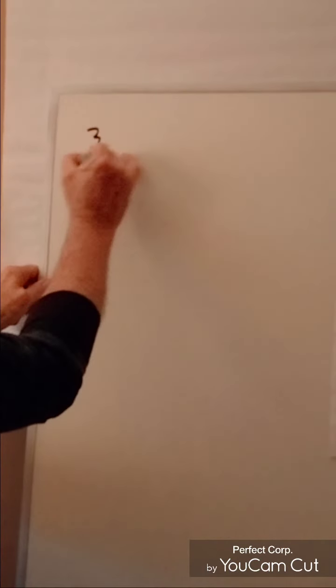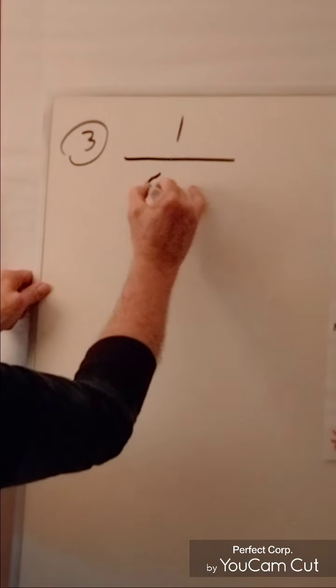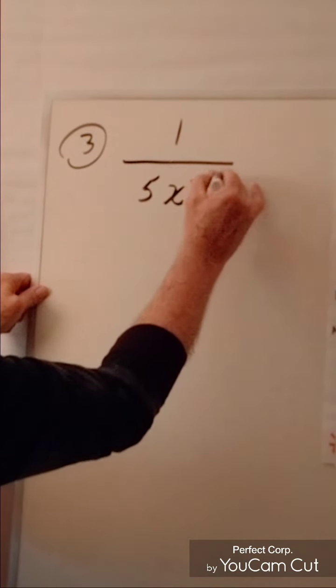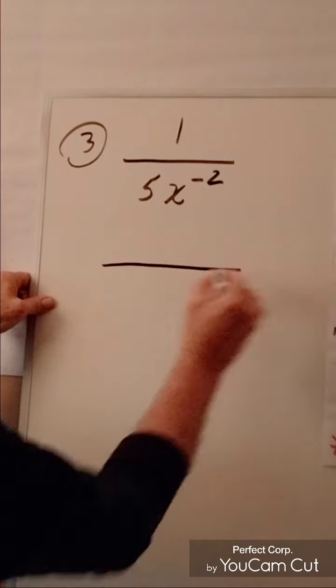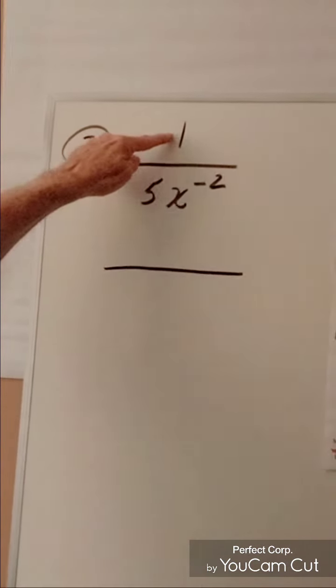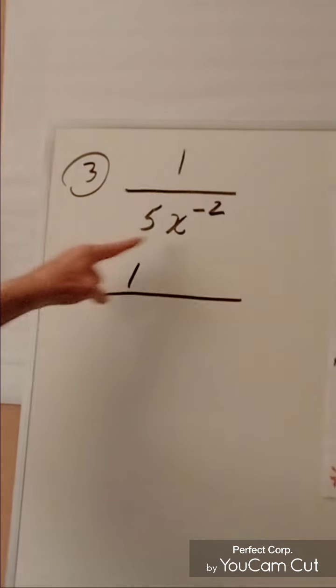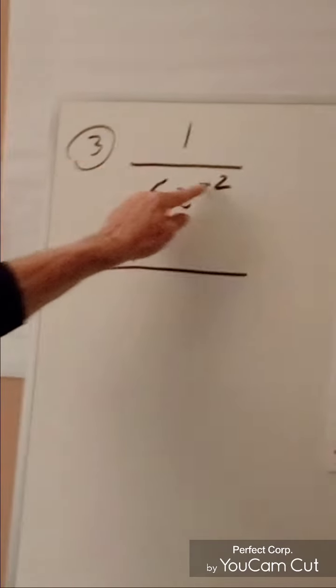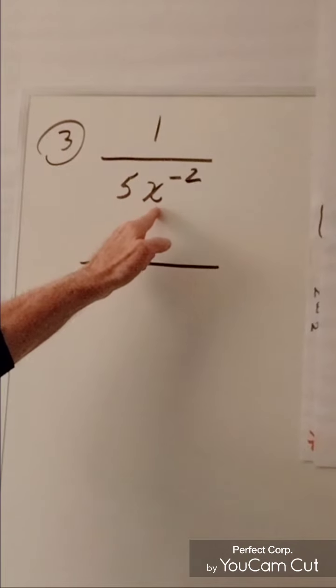Let's go to 3. He stays. That -2 has no relationship with that 5. It only has a relationship with its base.